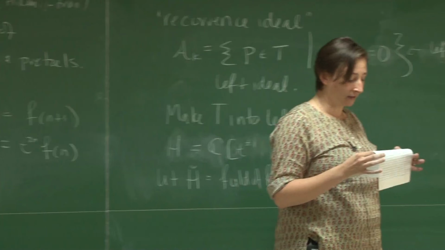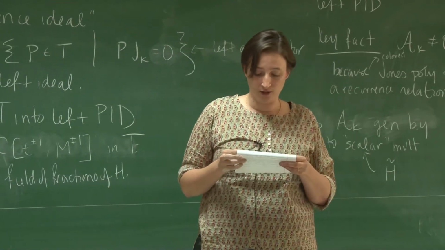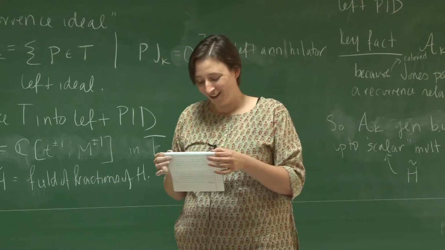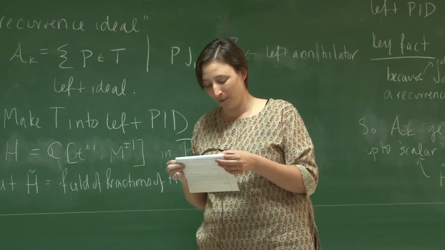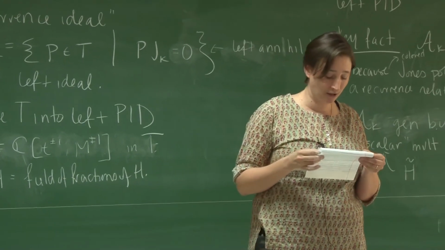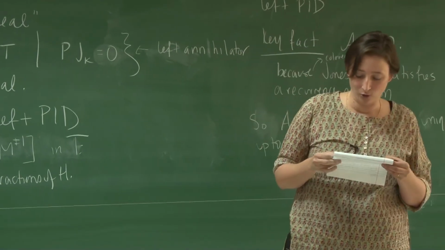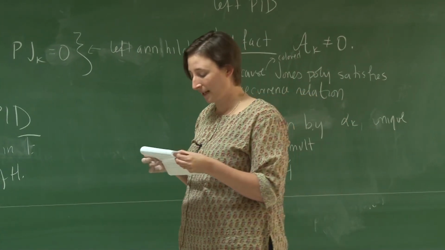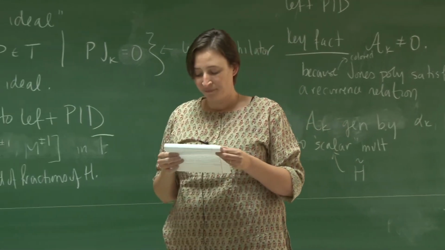It's more surprising that the longitude variable corresponds to the shift operator L. This can be explained in the following way. According to Witten, the Jones polynomial of a knot is the average over an infinite dimensional space of connections of the trace of the holonomy around K, where the trace is computed in the n-dimensional representation of SL2.